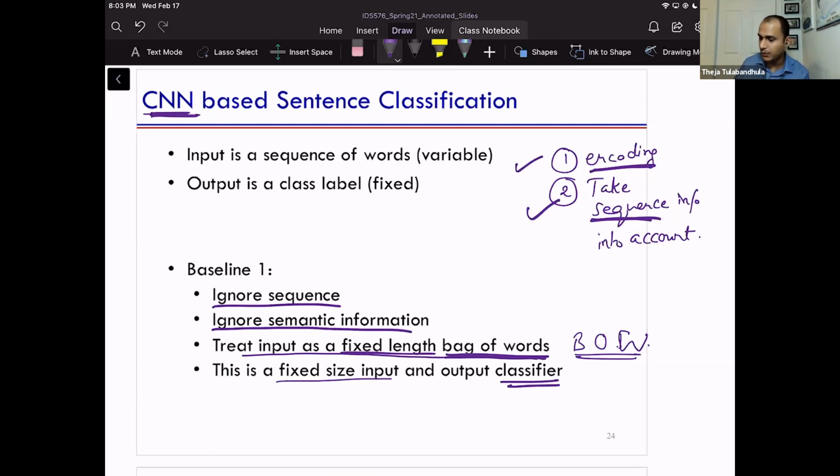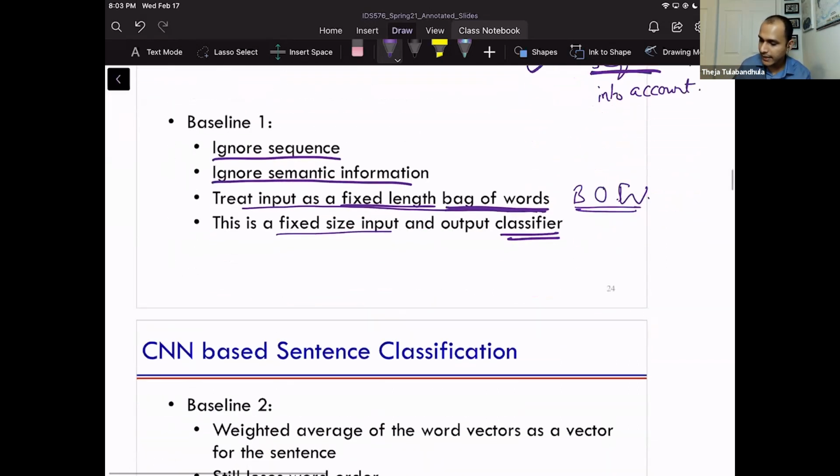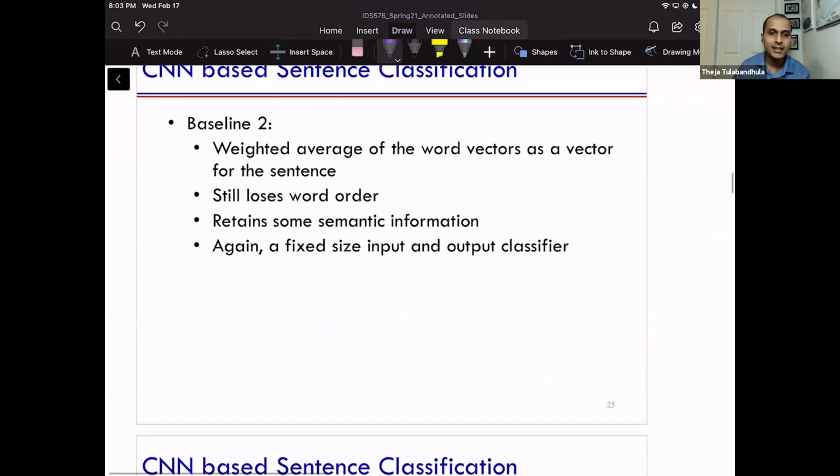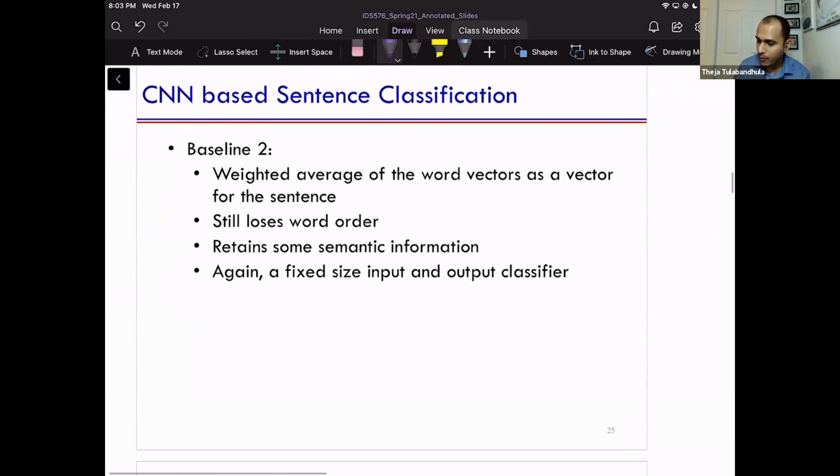Again, certainly it doesn't use any information about the words or the word relationships. The second model that we can think of is that if we had word vectors or word embeddings, then we can take a weighted average, or just the average, of these word vectors across a sentence. Let's say the sentence has 5 words.